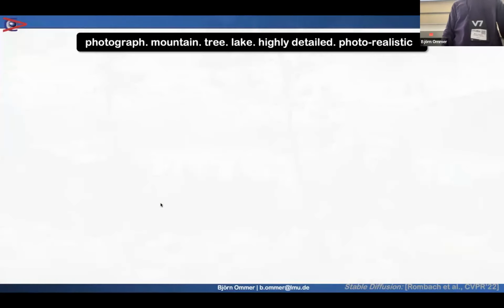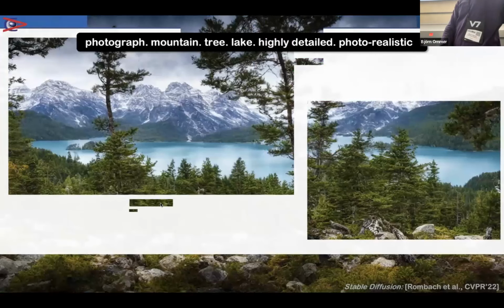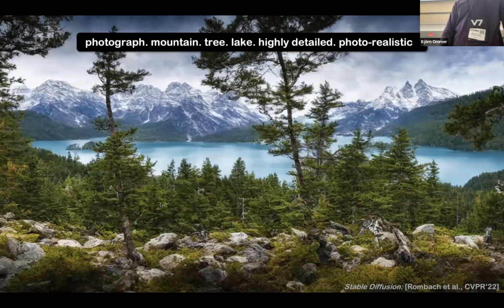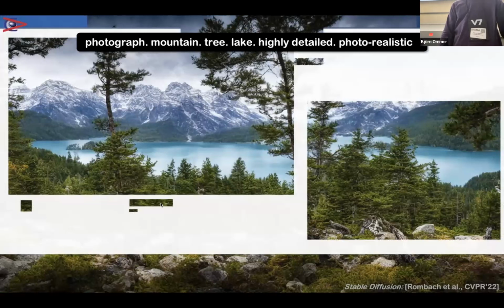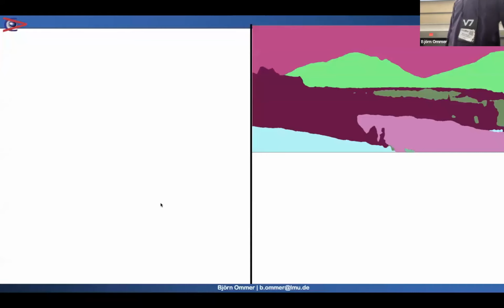Probably making a new benchmark. There we go. Yeah, and you get this in much shorter time than it took to actually translate over, just a few seconds.